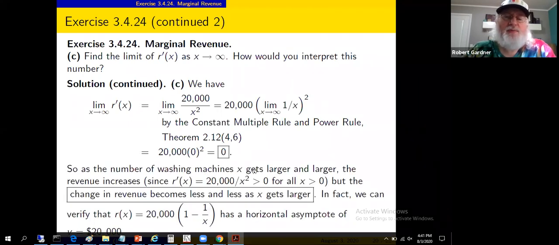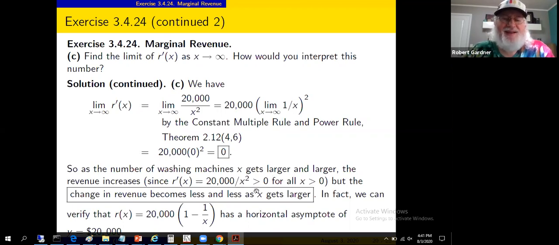So as the number of washing machines, that is as X, gets larger and larger, the revenue increases. I mean, R prime is given by 20,000 over X squared. When X is positive, well, as long as X isn't 0, that's positive. So R prime is positive. The revenue increases. When you make more washing machines, revenue goes up.